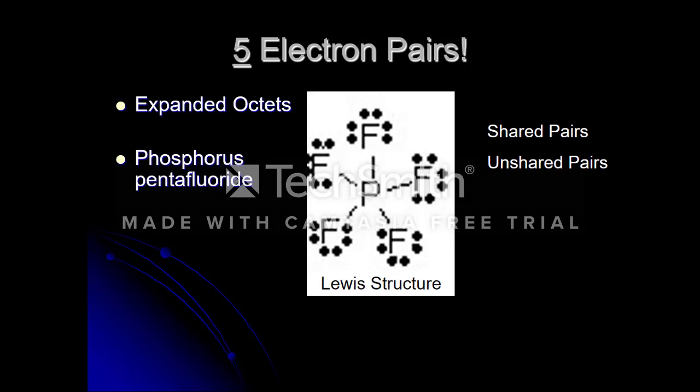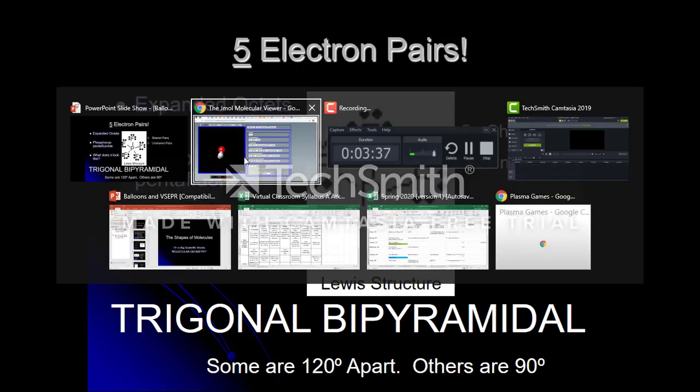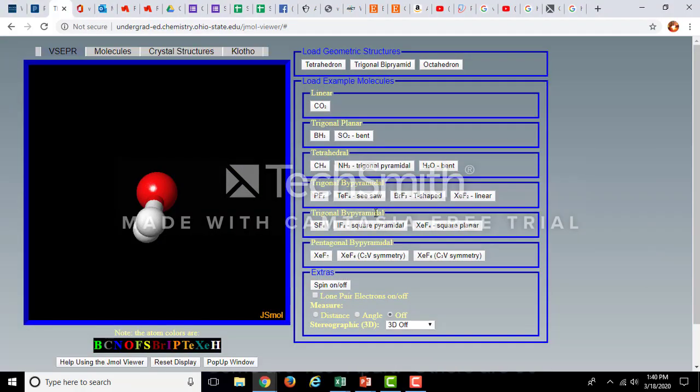So yours probably looks something like this. And again, we're looking at our central atom. So we've got our P, and that has 5 shared and 0 unshared pairs. Remember, we're only looking at everything around the phosphorus. And so the way that that looks, we call that one trigonal bipyramidal. And let me show you what that looks like here.